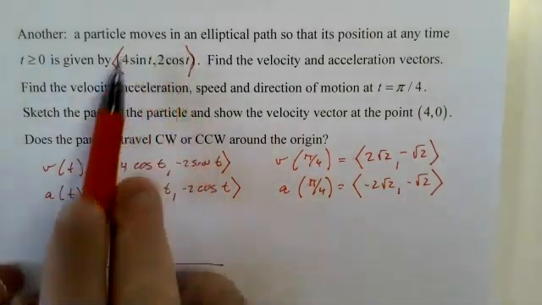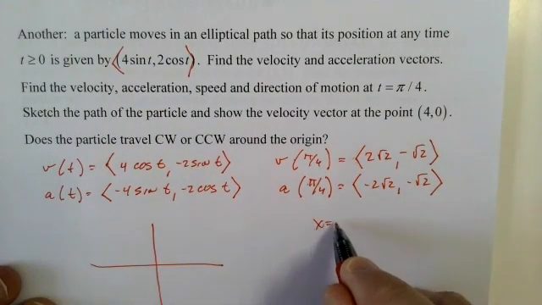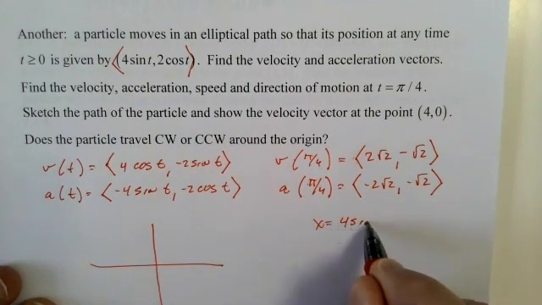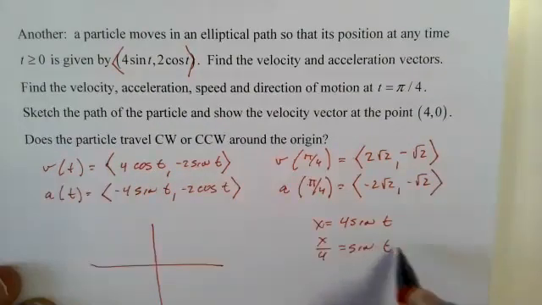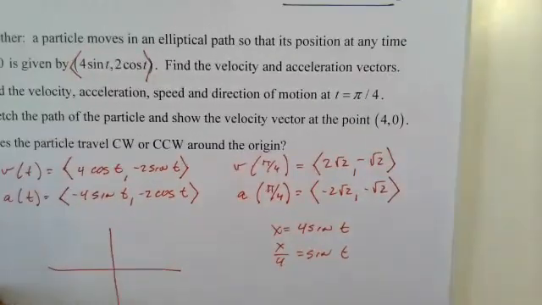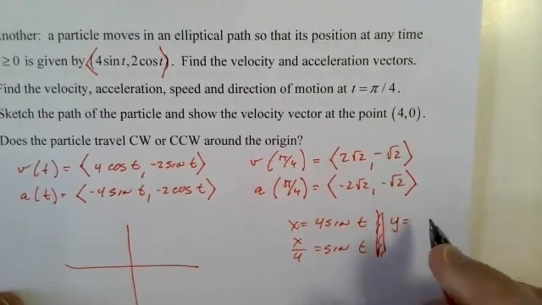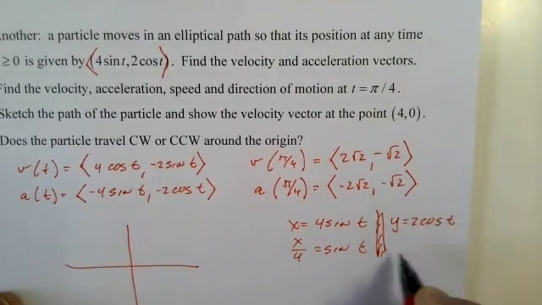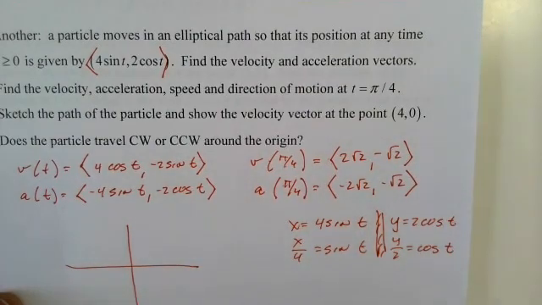I happen to know that this is parametric, because I would go with x equals 4 sine of t, so x over 4 equals sine of t. And then y equals 2 cosine of t, so y over 2 equals cosine of t. Square them and add them together, and I would get x squared over 16 plus y squared over 4 equals 1.